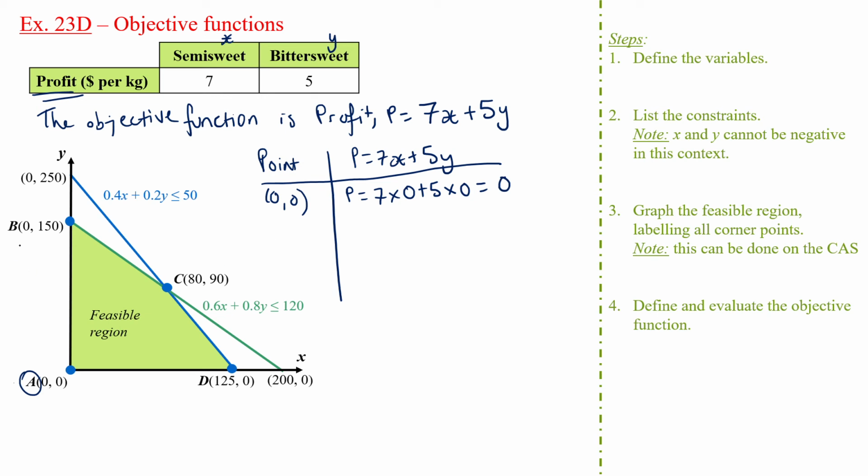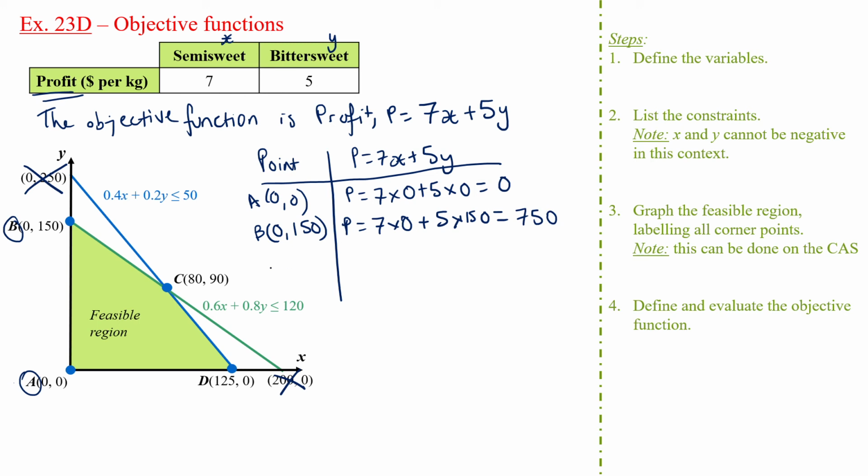Our next point, moving around, we go to B. So that was A, point B, 0, 150, remembering again, these points we don't need because they're not corner points of the feasible region. So for that point, we have P equals 7 times 0 plus 5 times 150, which gives us 750.